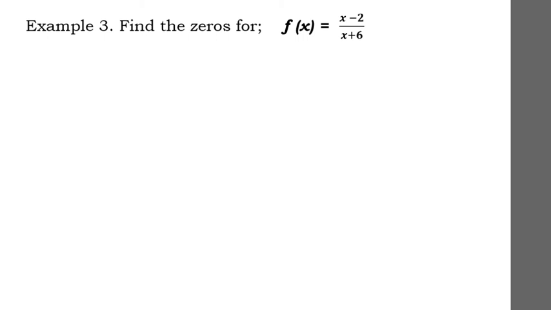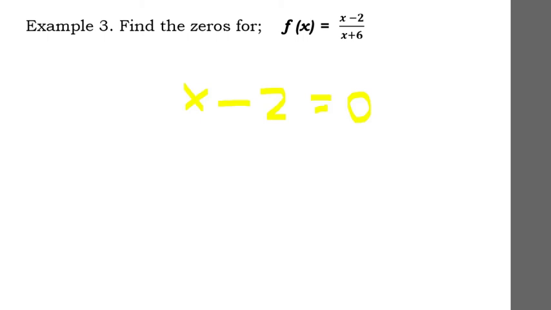So our numerator is x minus 2, so just equate x minus 2 to 0. So you have x minus 2 equals 0. So remember, you will only do this when the numerator and denominator are not factorable, or when the numerator and denominator are already prime.